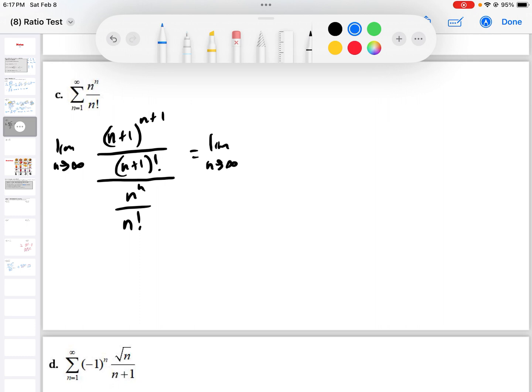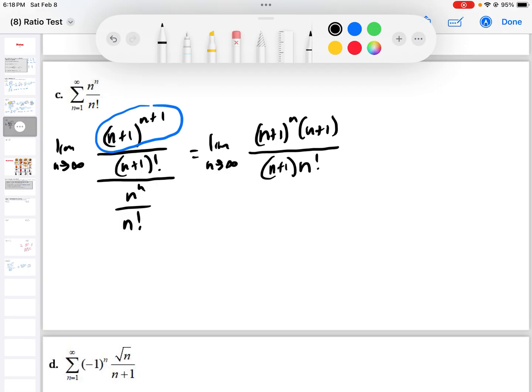And I'm going to go ahead and start trying to rewrite this to match something that looks like on the bottom. Might not be perfect here, but let's just try something. We'll say this is n plus 1 to the n times n plus 1. It's not going to be perfect, but we'll just see what happens. Over n plus 1 times n factorial. That was rewriting this one.